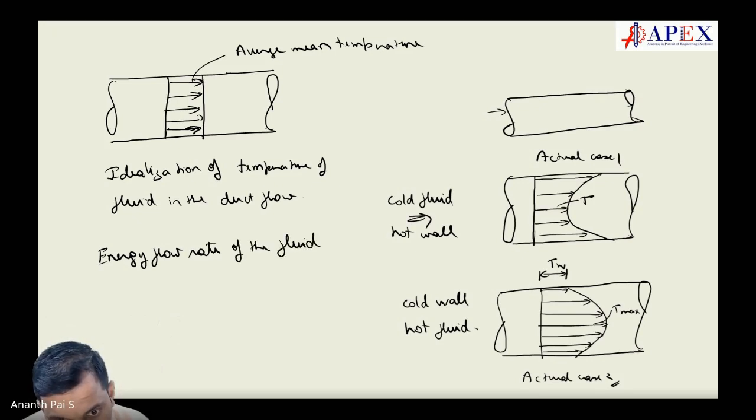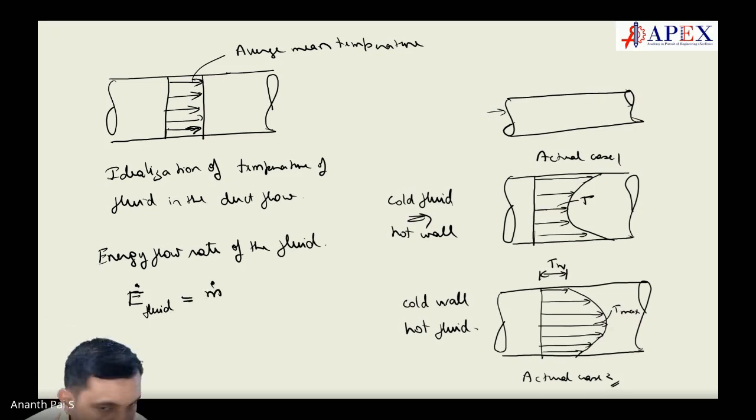We have to keep in mind it can be air, gas or liquid, both are there. So the energy flow rate of the fluid is equal to m dot Cp into T mean. This is called T mean.